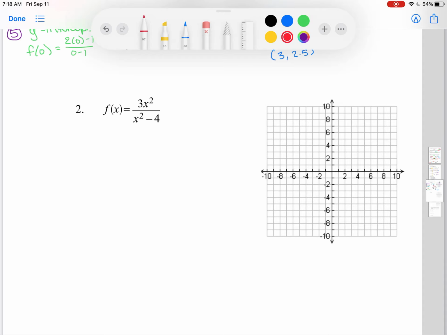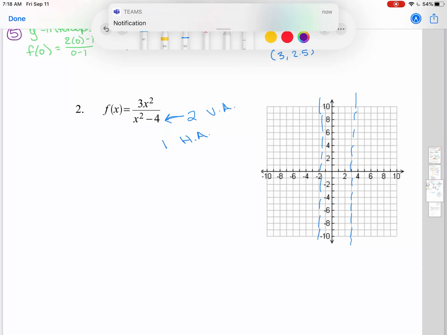And you'll notice that the reason we have 3 lines on this one is because we will have 2 vertical asymptotes when we solve that denominator, and we will also have 1 horizontal asymptote. So when we separate everything, you will have, I'm just doing a rough sketch here, this isn't going to be the final answer, something that looks like this with all of your asymptotes, okay?